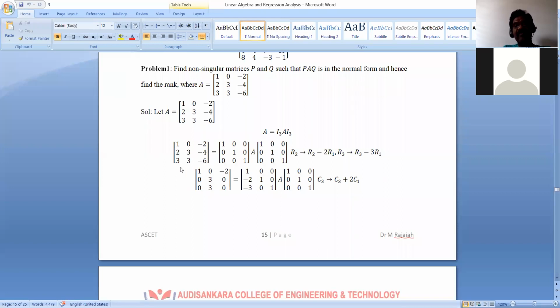Next, in the same way, 3 plus 0, and minus 6 plus 6, that is 0. So that equals 1, 0, 0, minus 2, 1, 0, minus 3, 0, 1 by using row operations.